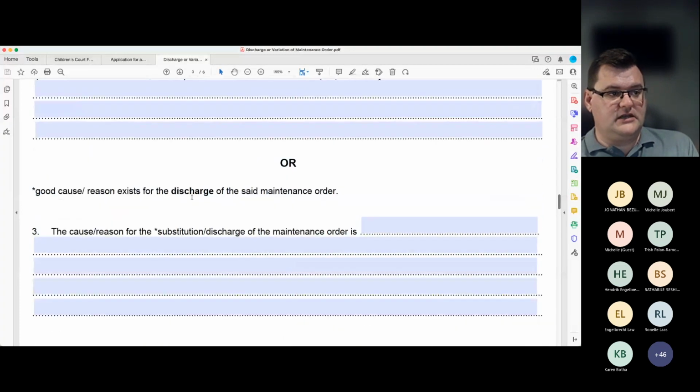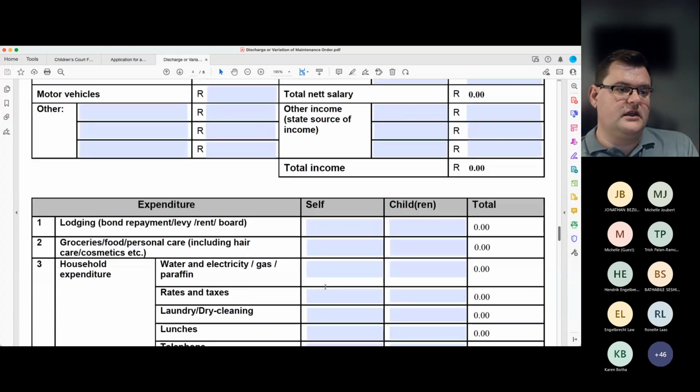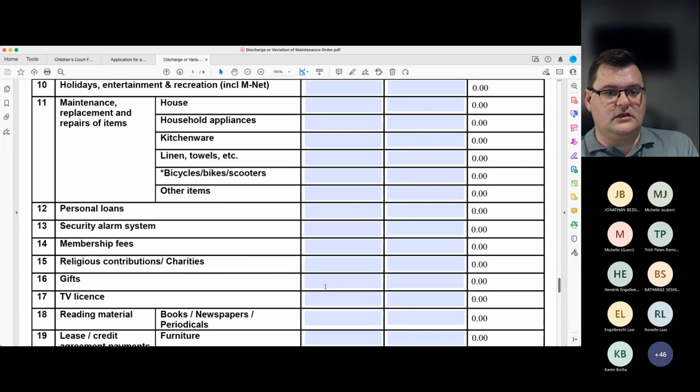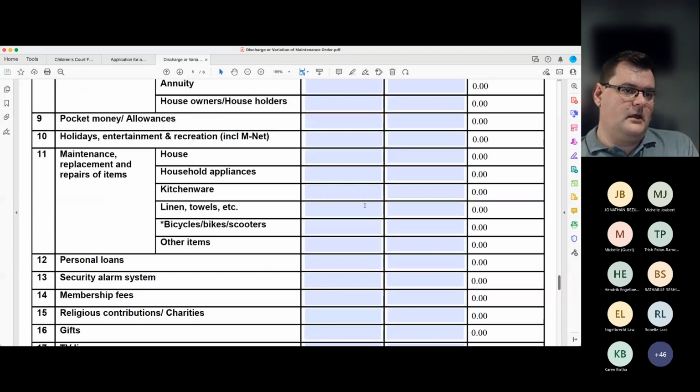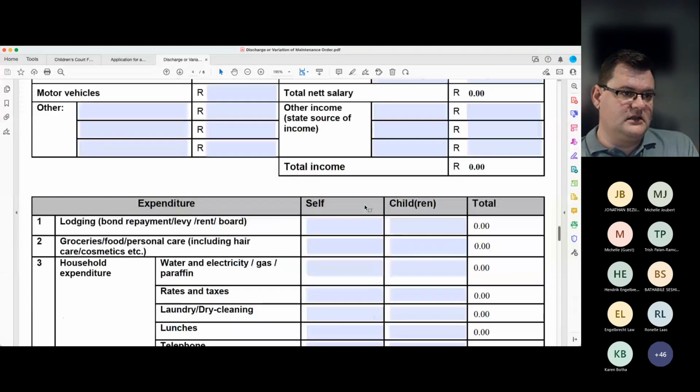Or if you say that it must be discharged completely, you set out full reasons for it, and then once again you set out your monthly income and expenses. Obviously, please do not thumb suck here. If you are incapable of doing it yourself, refer to a professional who does these sorts of things.